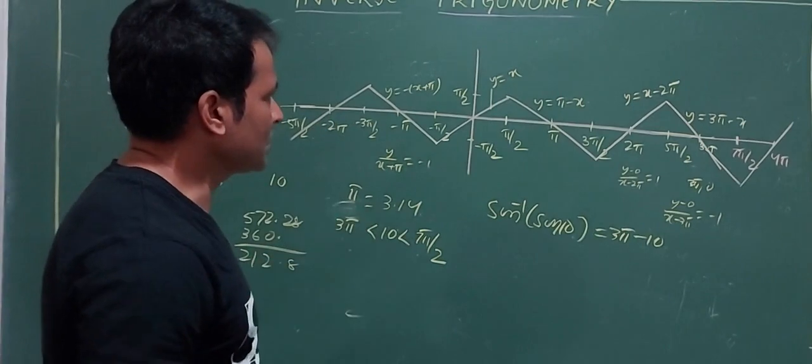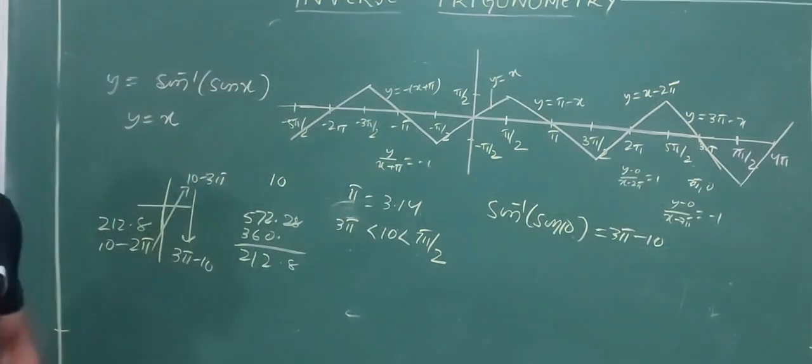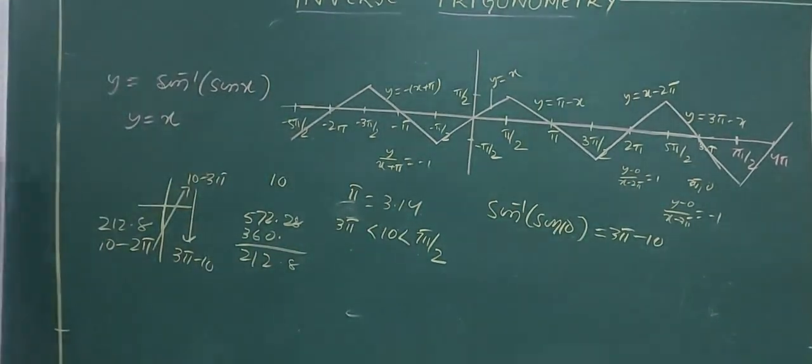So this is the graph of which one? Sin inverse of sin x. Let's go for the graph of cos inverse of cos x.